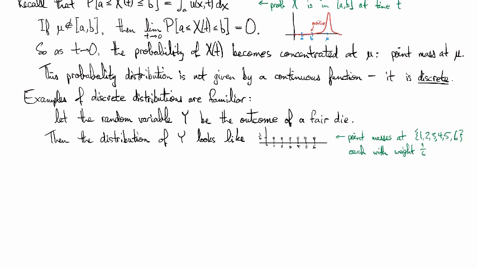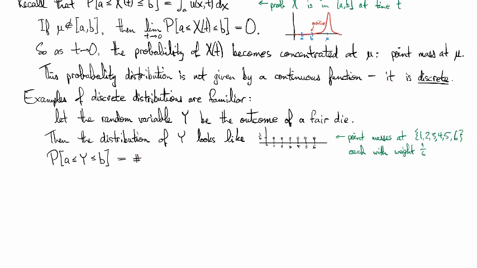So that's because there are only certain outcomes that can happen. The random event is not continuously distributed. So in this case, the probability that y takes a value between a and b is not going to be represented as an integral. It's actually going to be represented as a sum.